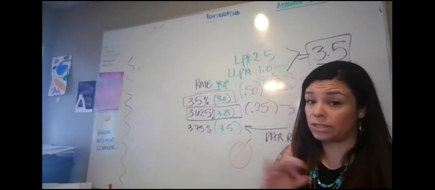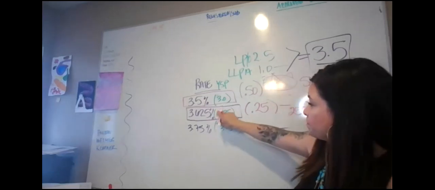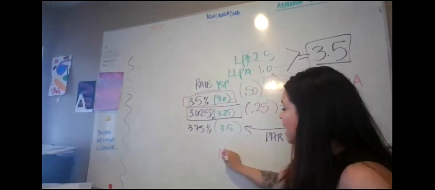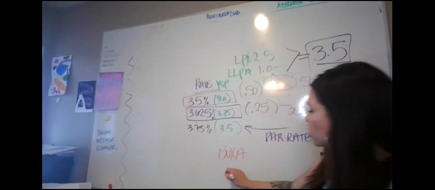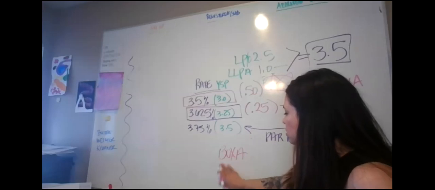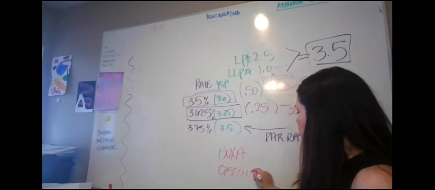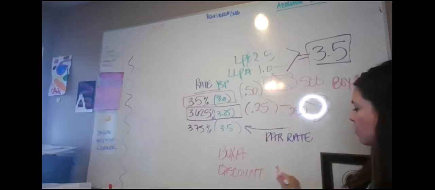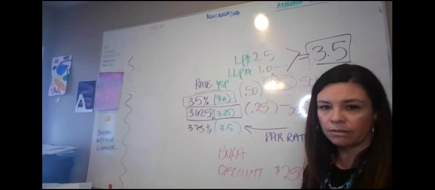If you decide to go down, then box A on your loan estimate is going to show a charge, a discount. On a $100,000 loan, it's going to show $250 in box A.